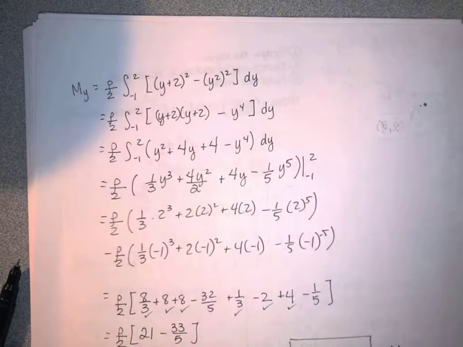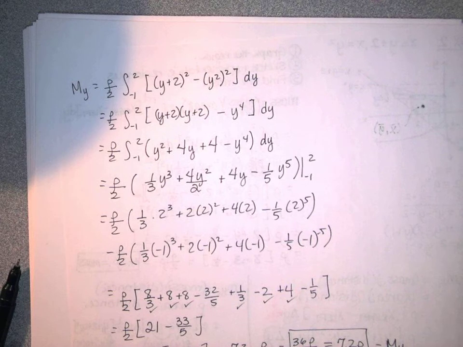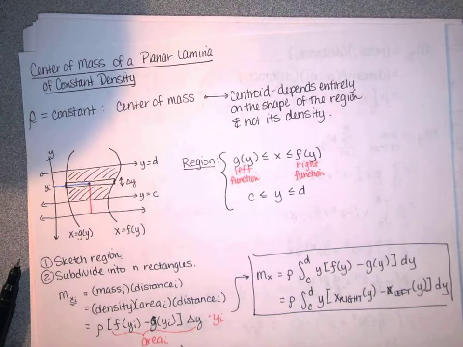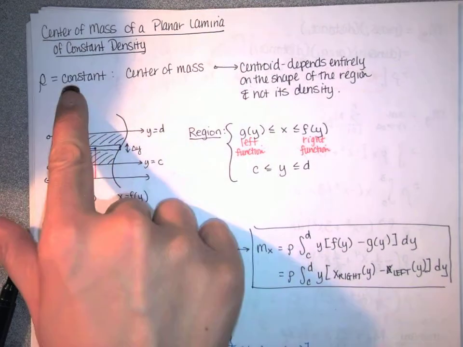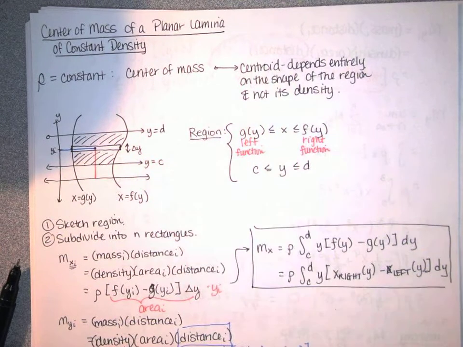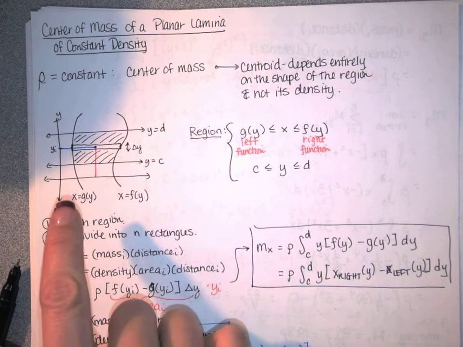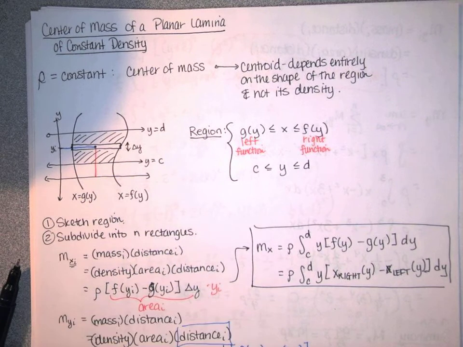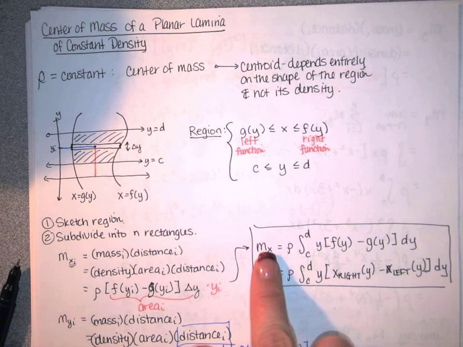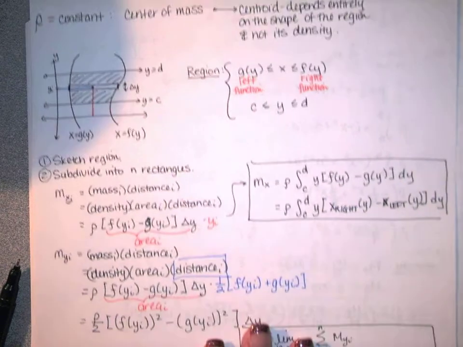Okay, so quick review. If the density is constant, center of mass and centroid mean exactly the same thing. If my region looks like this, where x goes from a function on the right to a function on the left, the moments about the x-axis are given this way.